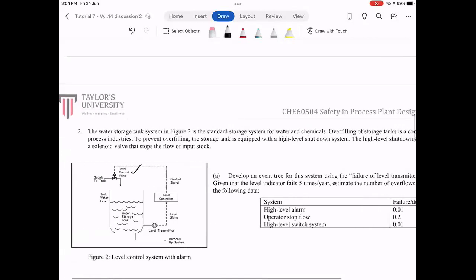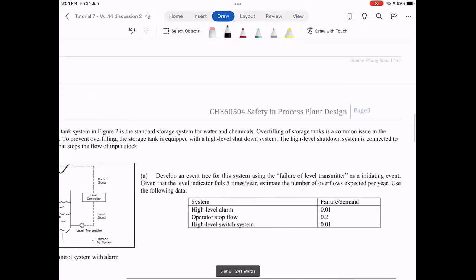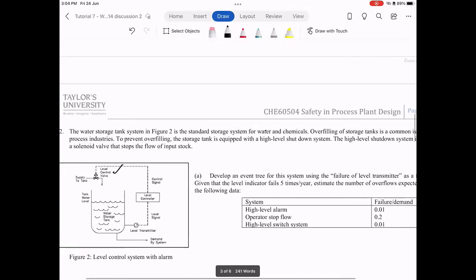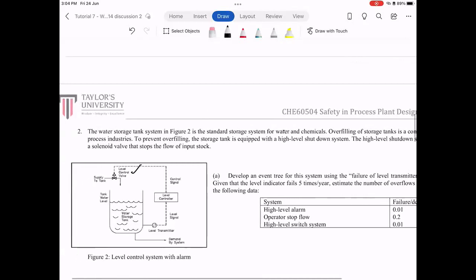But the system seems to have also a high level alarm. Okay, so high level alarm, also from here, level signal, when it goes very high, it has an alarm system here. It will ring.